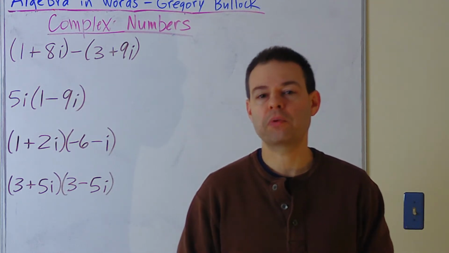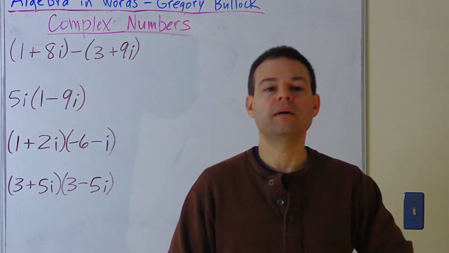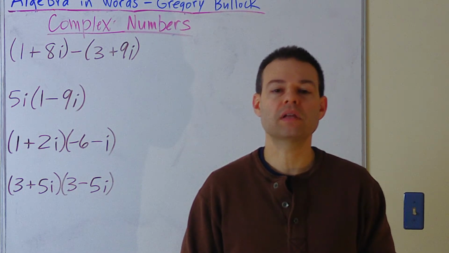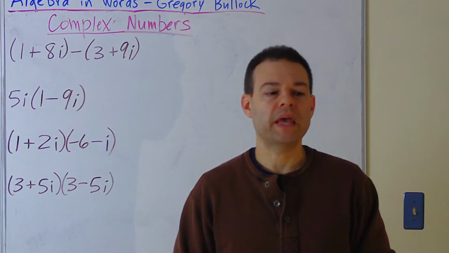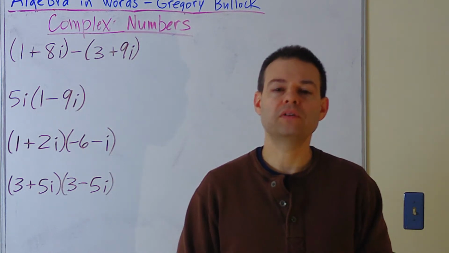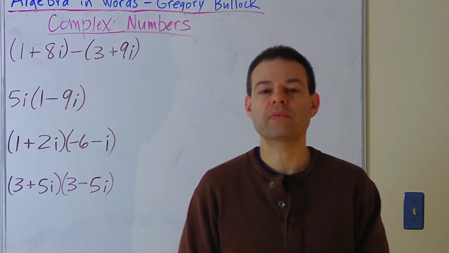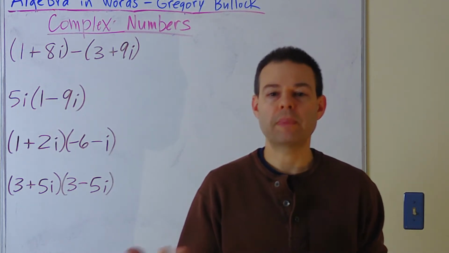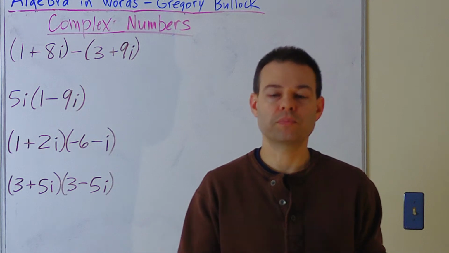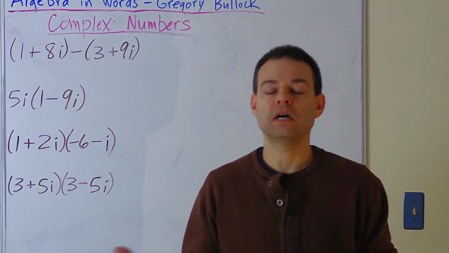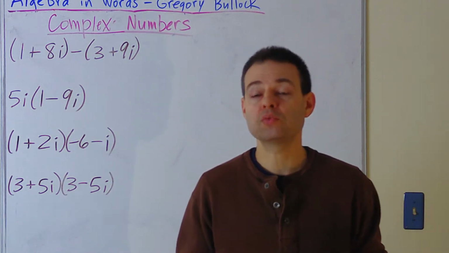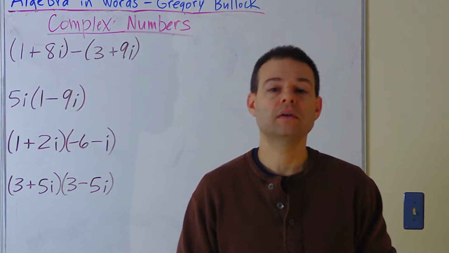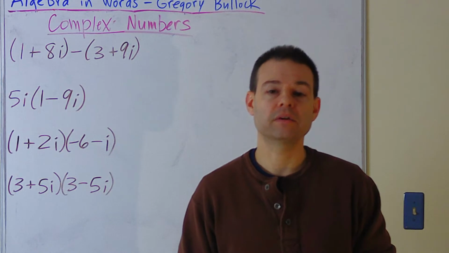And I'll show you that when we get to it. But regardless, you can do normal operations with them, such as addition or subtraction, combining like terms, distribution, and even foiling binomials with i or complex numbers, as well as multiplying conjugate binomials together.